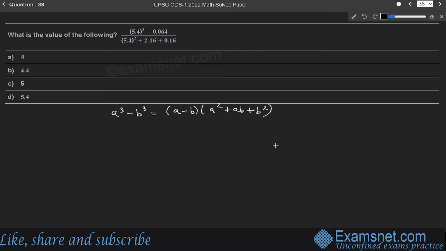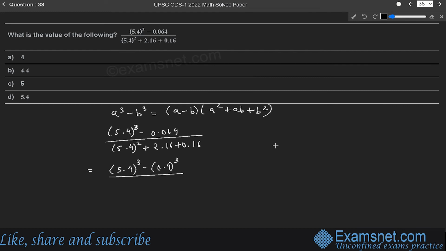Now we have the expression which is 5.4 whole cube minus 0.064 upon 5.4 whole square plus 2.16 plus 0.16. We have to find the value for this term. So it can be further written as 5.4 whole cube minus 0.4 cube upon 5.4 square plus 2.16 plus 0.16.